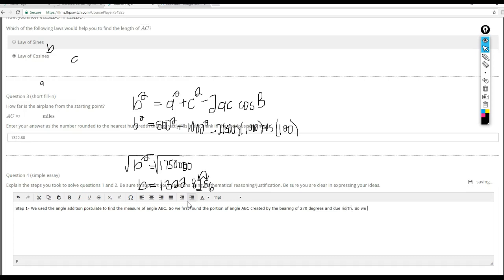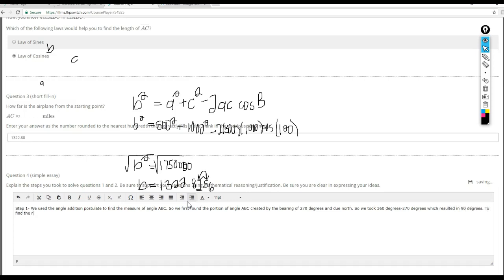So we took 360 degrees and subtracted 270 degrees, which resulted in 90 degrees.